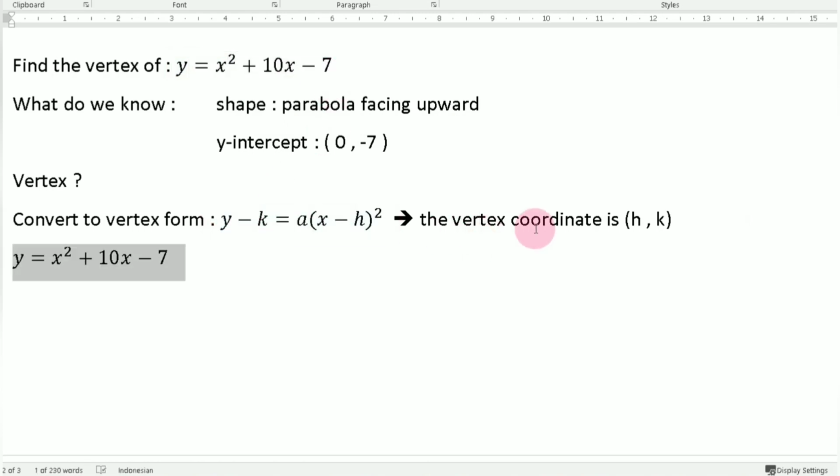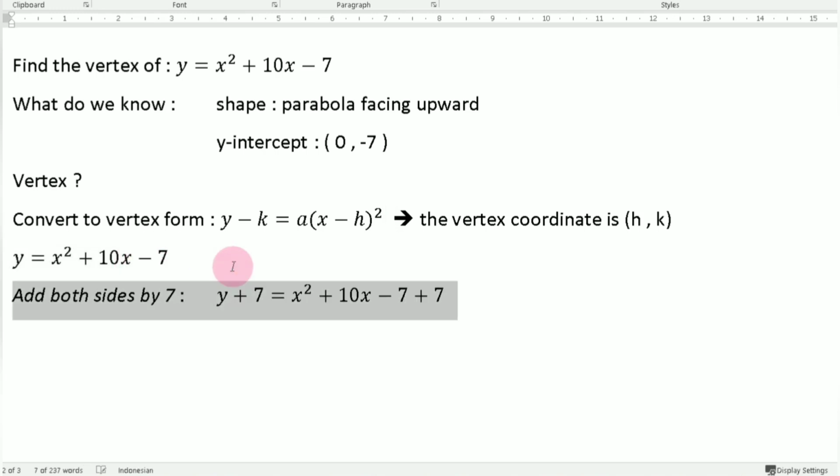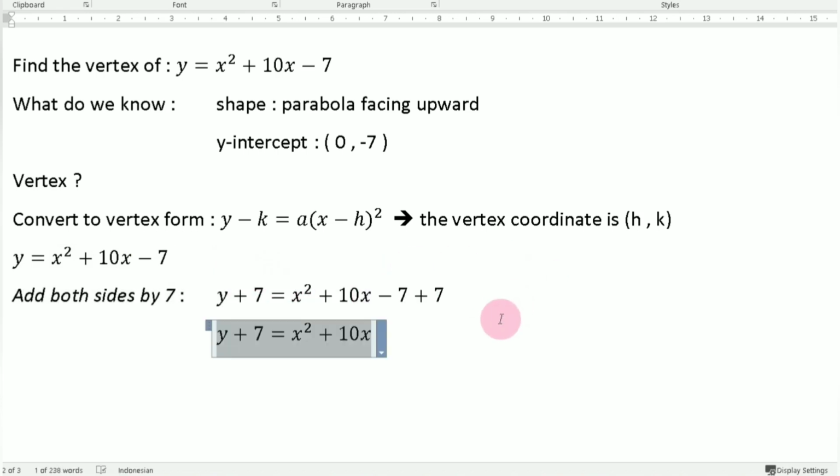So let me write down the function again. The first thing we need to know is that the right member contains a multiplication by a square of x minus something. So first, let's get rid of the constant. I add 7 to both sides, and in the end, this will be the result.